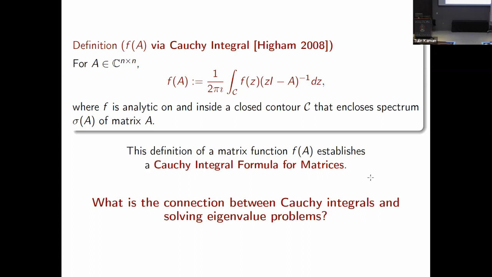But in general, this matrix-valued function f of A can be represented by this quantity, which is a contour integral of the inverse of the resolvent times the value of function f of z. So this definition of the matrix function f of A establishes a very powerful tool, which we call the Cauchy integral formula for matrices. And this will be the main tool we will be using when we want to calculate eigenvalues for nonlinear eigenvalue problems. Okay, so what is the connection between the Cauchy integral, this matrix-valued representation, and solving eigenvalue problems?